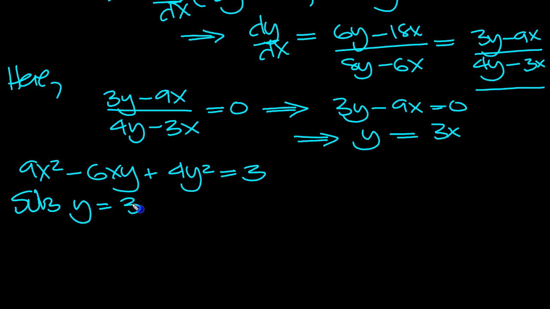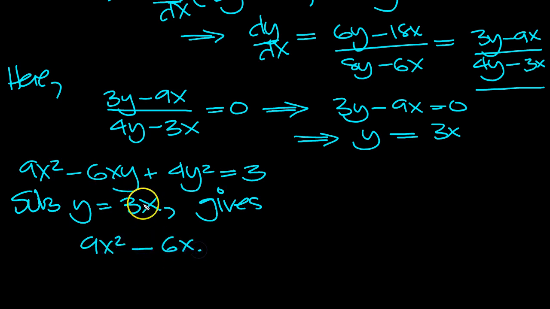Y equals 3x then gives, let's have a look at it. So 9x squared minus 6x times y, which is 3x, plus 4 times y squared, which is 3x squared, equals 3.